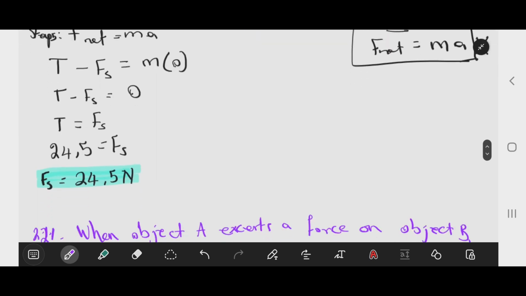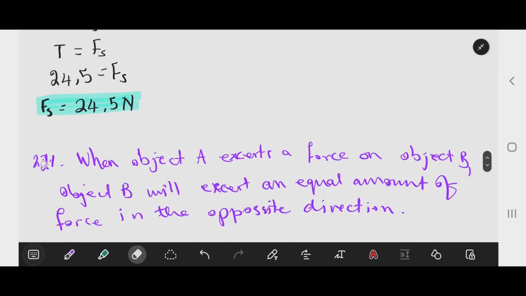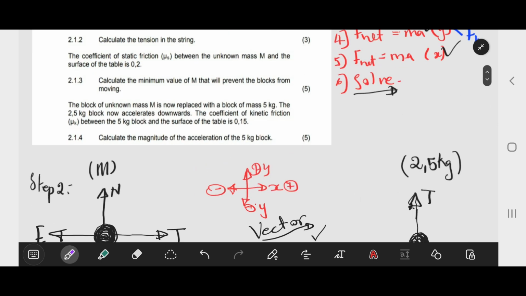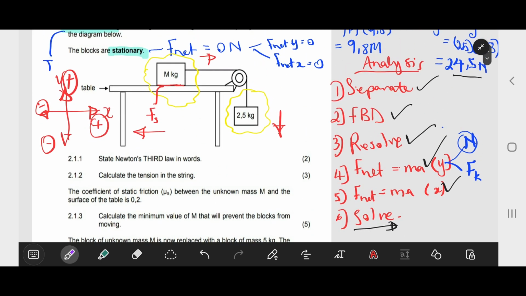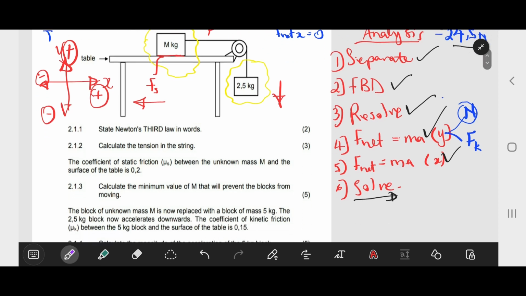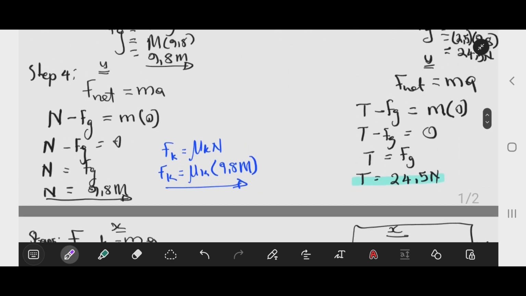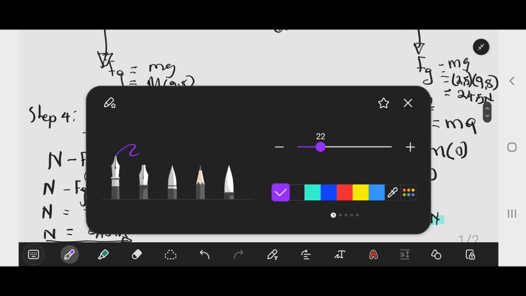2.1.2, the question says calculate the tension in the string. And remember, we performed our analysis, and from our analysis we have calculated the magnitude of the tension. So where is the tension? So that is the tension.